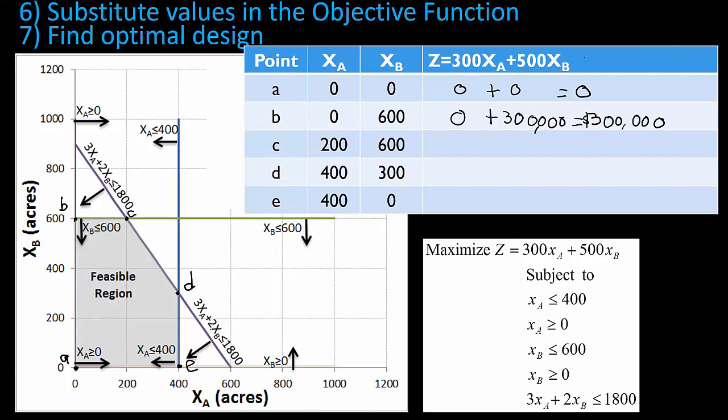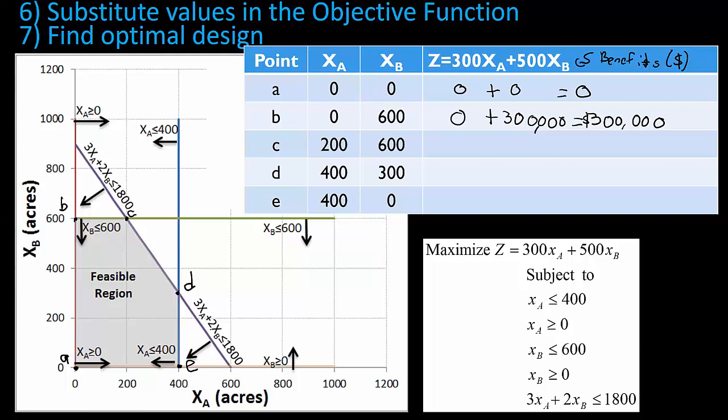So in this case it is 300,000. Remember that this is benefits, and the units of this is dollars. So we're multiplying the profit, the dollars per acre, times the acres, so that's what it will be in dollars.